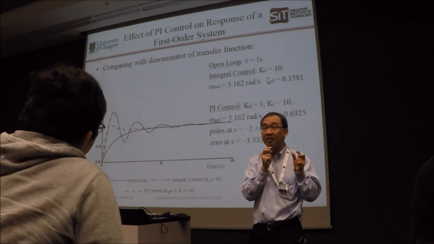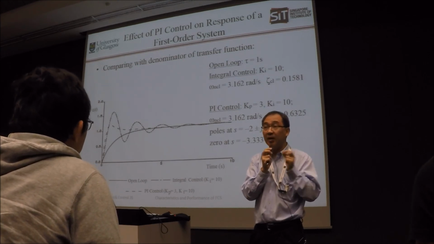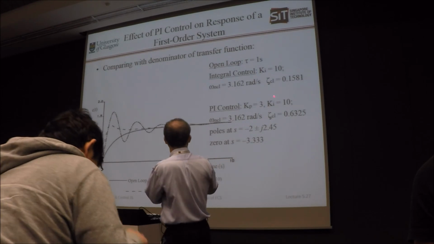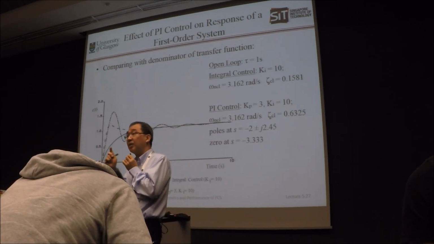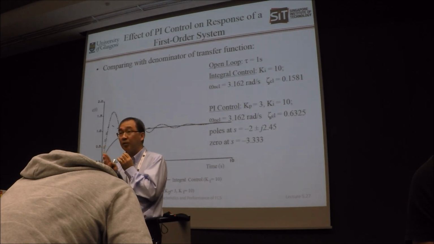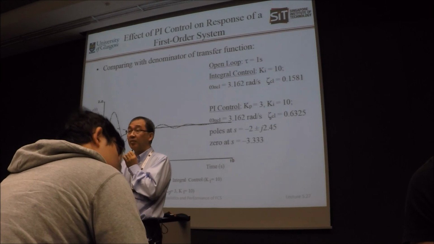Very short rise time, so it is actually very good. Because you do realize that the key characteristic of having a small damping is that the response is very fast. Your response is very crisp, very fast.